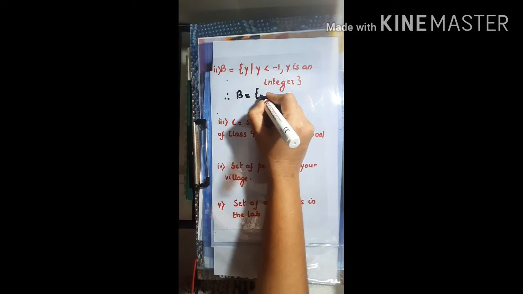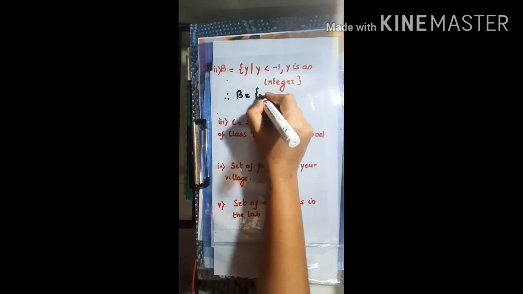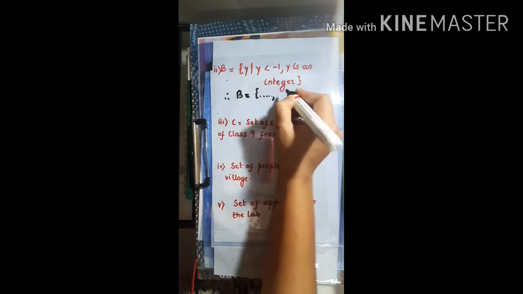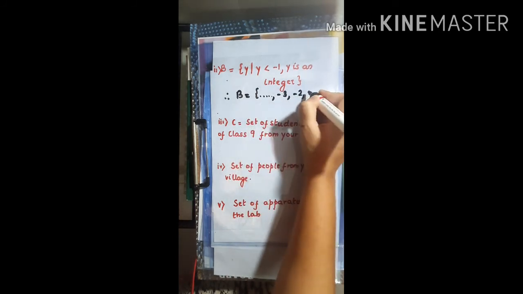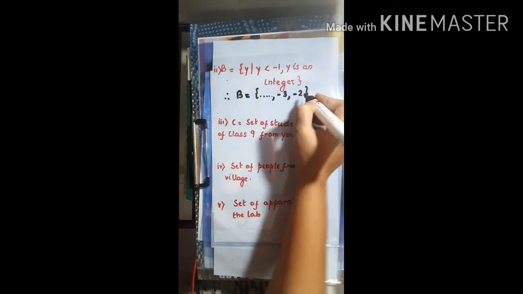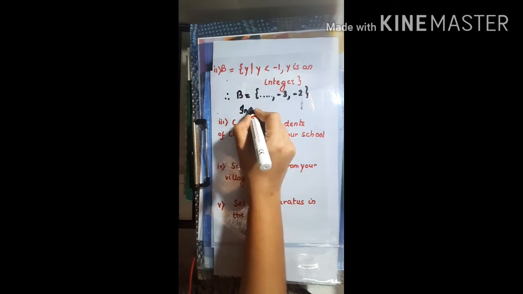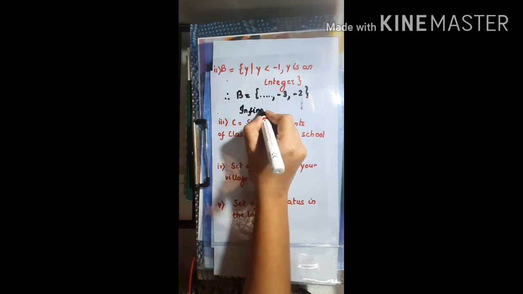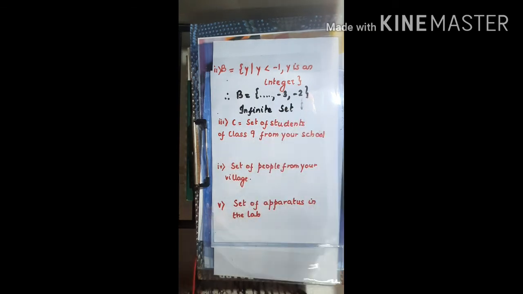They go on and on: dash, dash, minus 3, minus 2. They want less than minus 1, so it stops at minus 2, but this side it can go on. Therefore it is an infinite set.